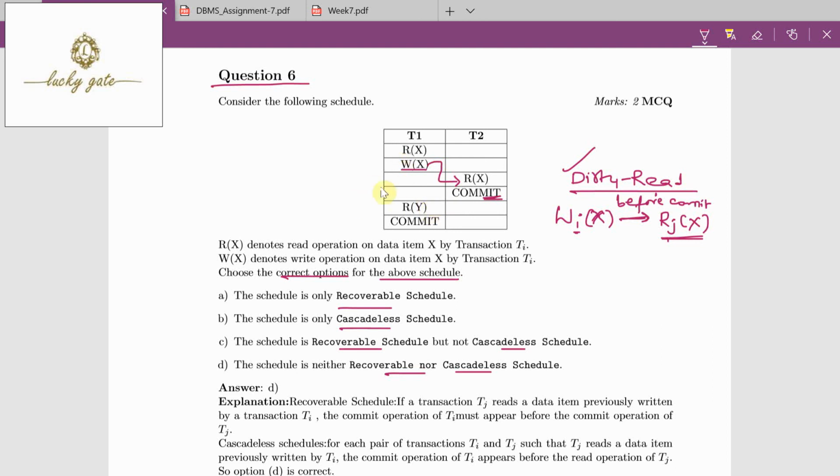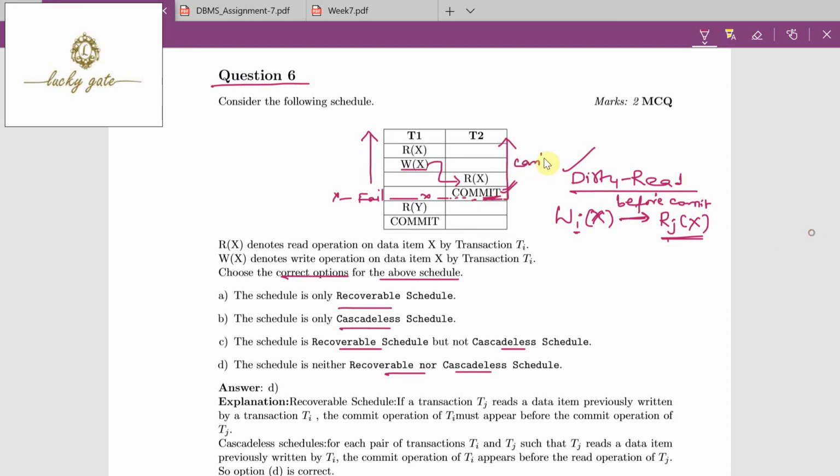Why? Suppose T1 fails after T2 commits. This requires T1 to be rolled back, because T2 is executing based on the updated value of T1. Because T2 depends on T1, rollback of T1 requires rollback of T2, but rollback of T2 is not possible because it is already committed.